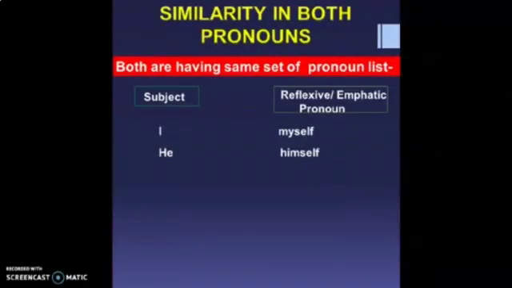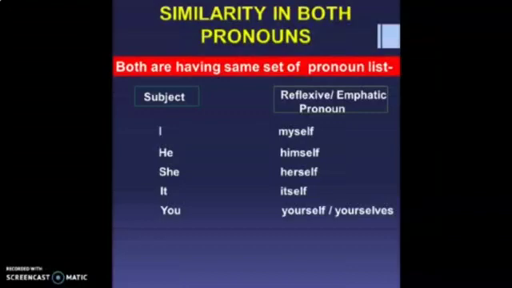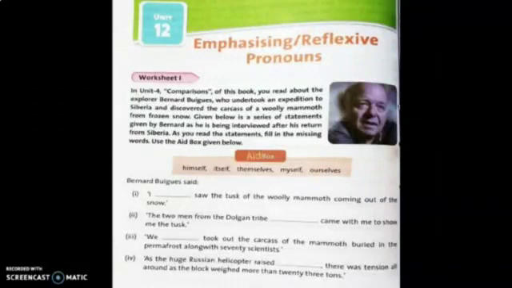The set of words is the same. For he, we use himself. For she, we use herself. For it, we use itself. For you, yourself, and yourselves is used for the plural. Here also they is plural, so we'll use themselves. Here we is plural, so we'll use ourselves. So you have to learn those properly.